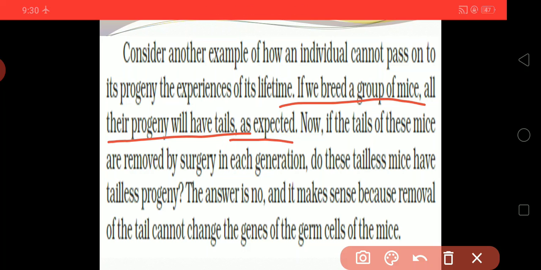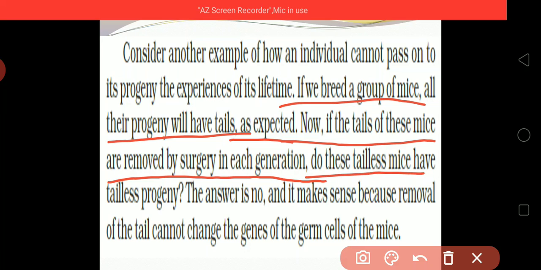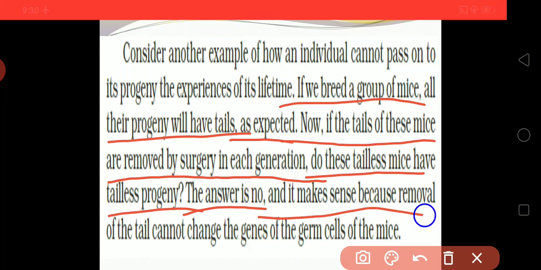Now, if the tails of these mice are removed by surgery in each generation, do the tailless mice have tailless progeny? The answer is no. And it makes sense, because removal of a tail cannot change the gene of a germ cell of a mouse.